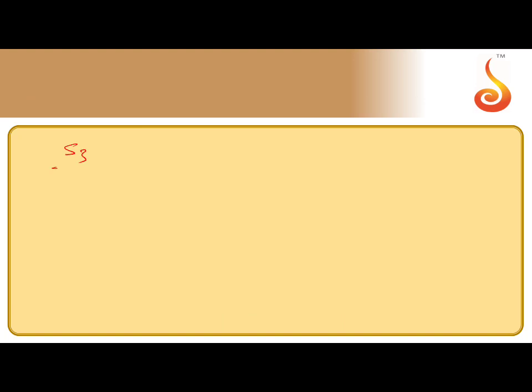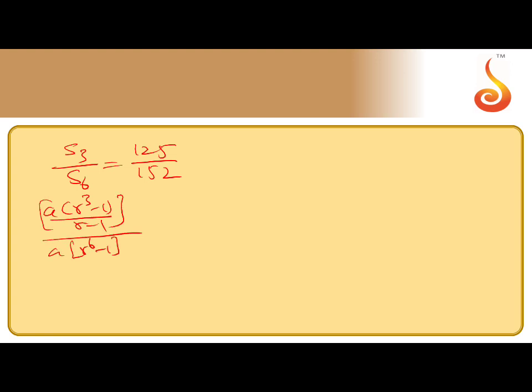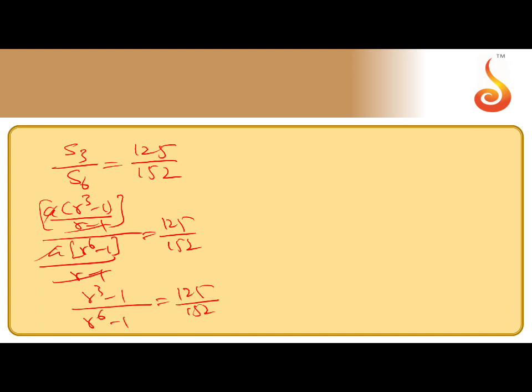So S3 by S6 is given as 125 by 152. S3 means A into R cube minus 1 by R minus 1. S6 means A into R power 6 minus 1 by R minus 1. That is 125 by 152. R minus 1 cancels, A cancels. So what is left is R cube minus 1 by R power 6 minus 1 equal to 125 by 152.